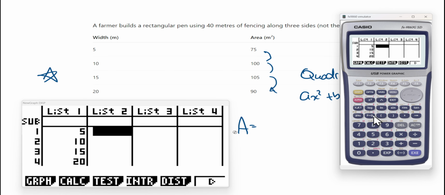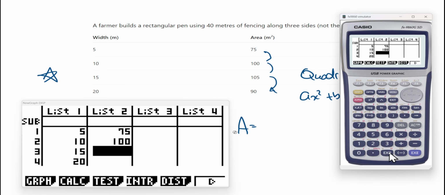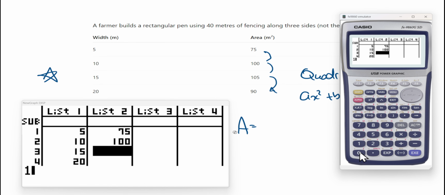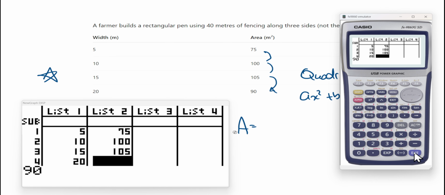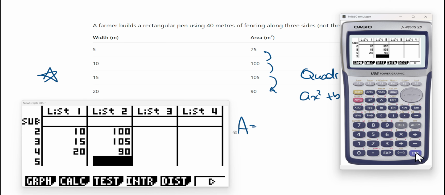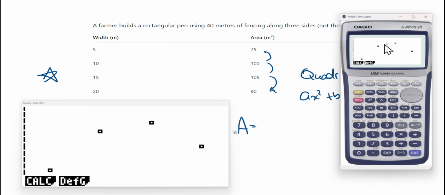I'm going to go across 75, 100, 105, and 90. So our answer is going to be somewhere around 15. Graph, graph 1, and yeah, sure enough, it's quadratic.